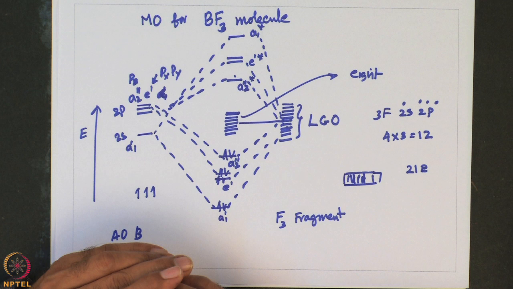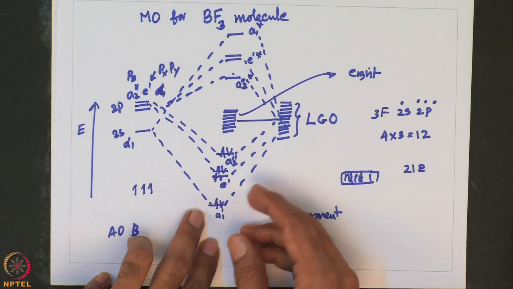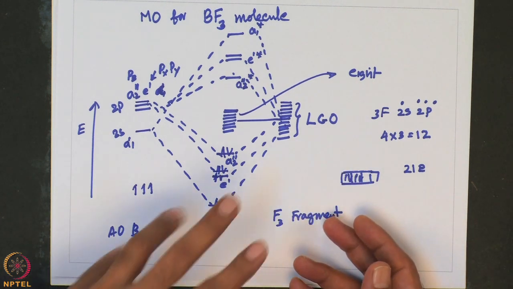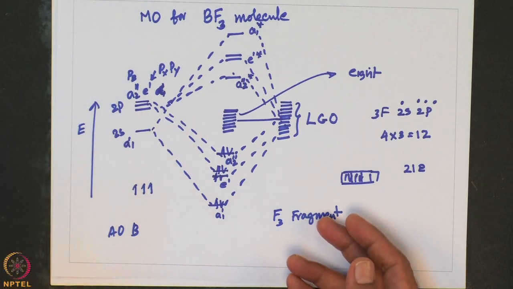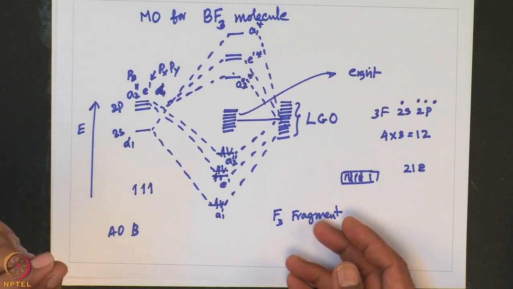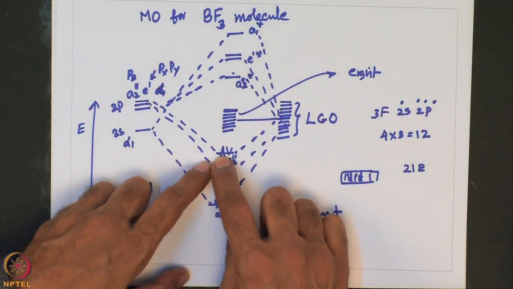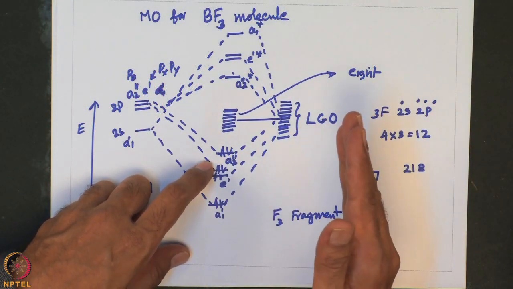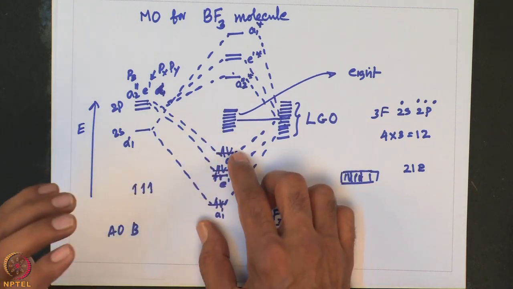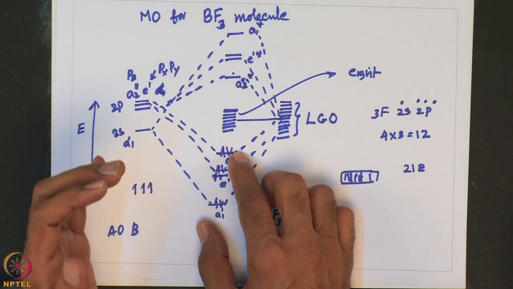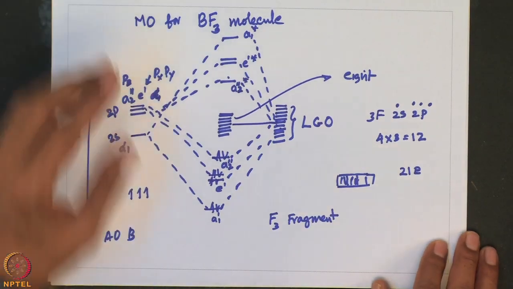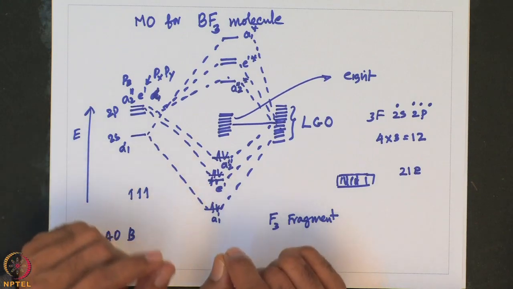Otherwise it would be very simple: sp2 hybridization with 3 sp2 orbitals having 1 electron each of boron interacting with 2p orbitals to form 3 covalent bonds. Whereas here, the 4th pair is due to the pi bonding from fluorine to boron, which gives a pseudo octet electronic configuration to remove its electron deficiency. For this reason, it is slightly less Lewis acidic compared to BCl3. Such provision is not there in BCl3.